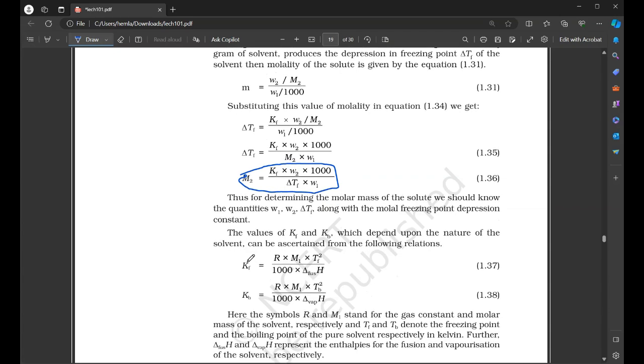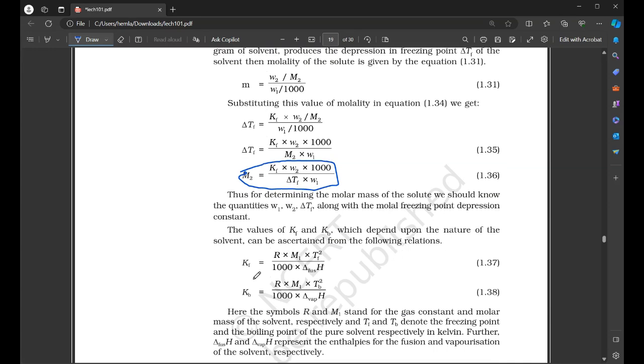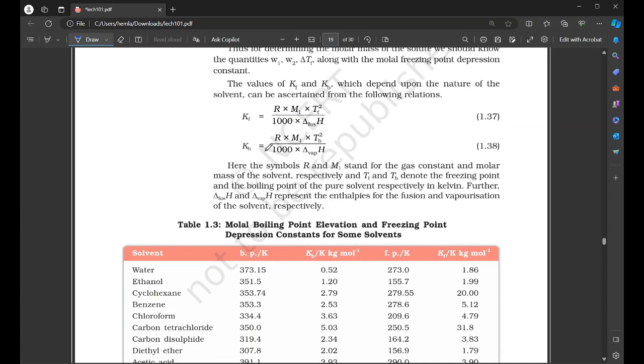The values of Kf and Kb, which depend on the nature of the solvent, can be ascertained from the following relations. If we need to find Kf and Kb, we can use these. To find M2, first we have to find Kf, basically to put in the equation.